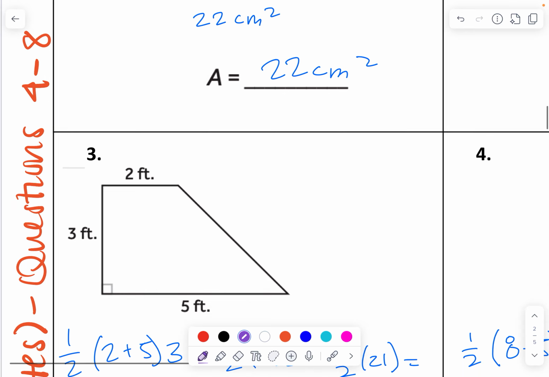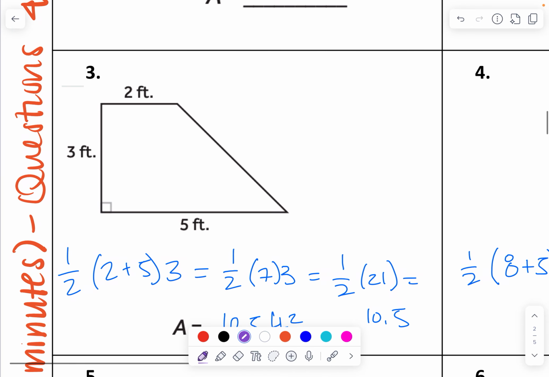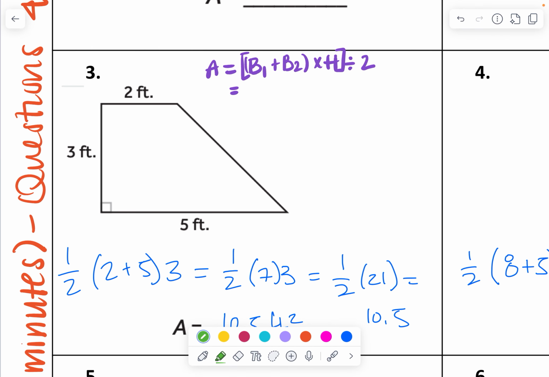Okay, last question you're going to model for students. It looks like a different type of trapezoid. However, it still is a trapezoid. So first things first, start out with the formula. Base 1 plus base 2 times height divided by 2. Okay, base 1 plus base 2.